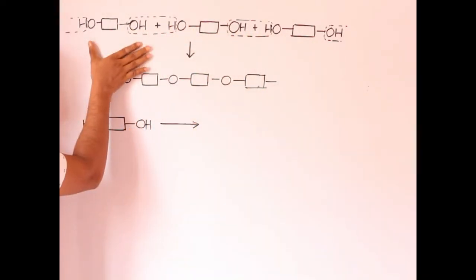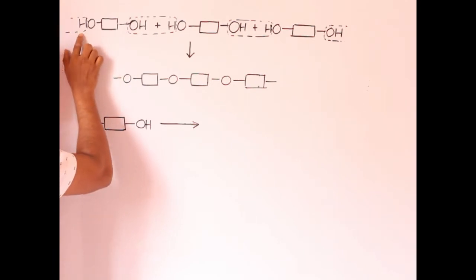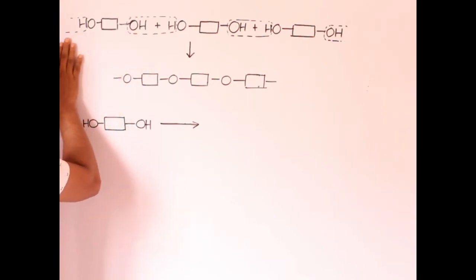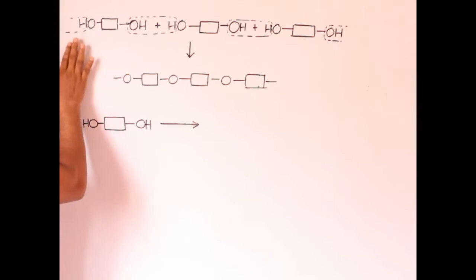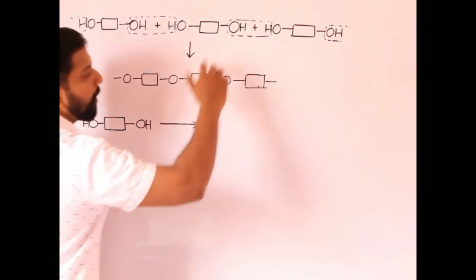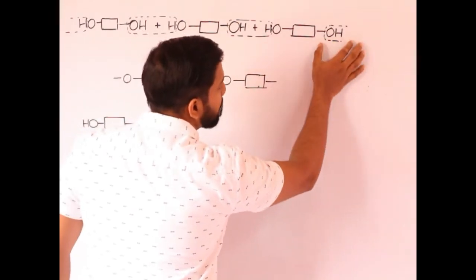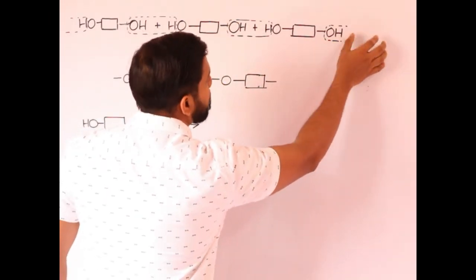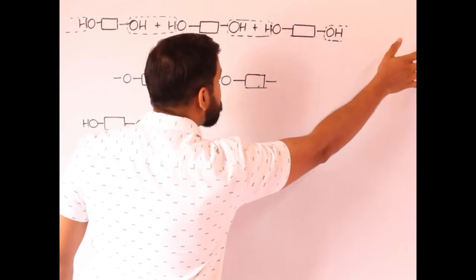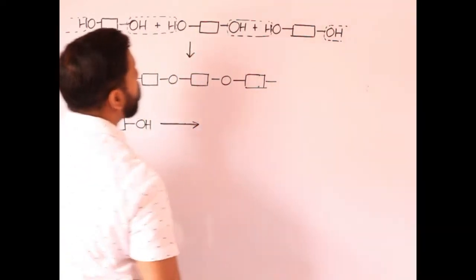At this corner, the hydrogen atom of this molecule will be eliminated with another OH group of the adjacent molecule, and at that corner, the OH group is eliminated with another hydrogen atom of the adjacent molecule, producing water.